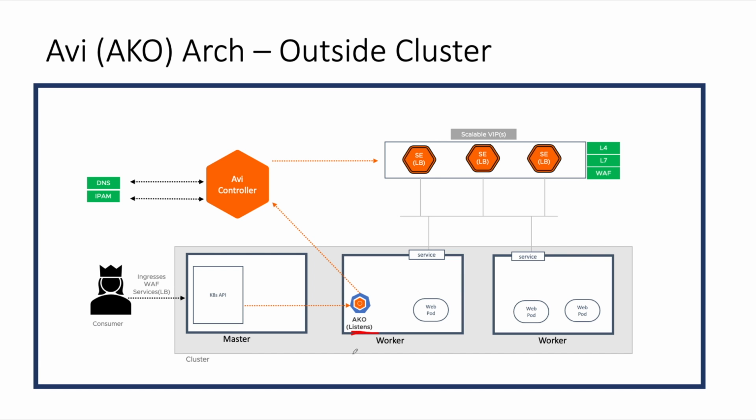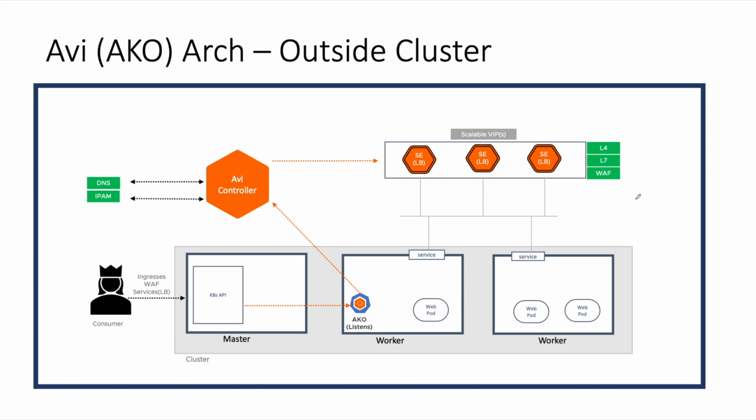The AKO pod just listens, and then it will program the Avi controller based on the inputs and translate all of those Kubernetes instructions into load balancing services at the proxy level, what we call service engines.